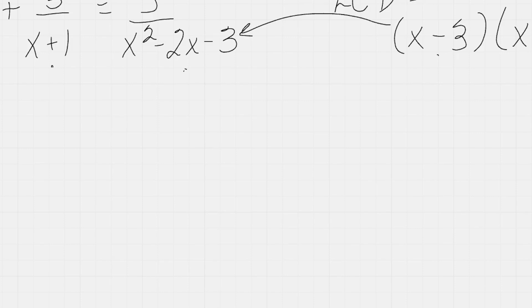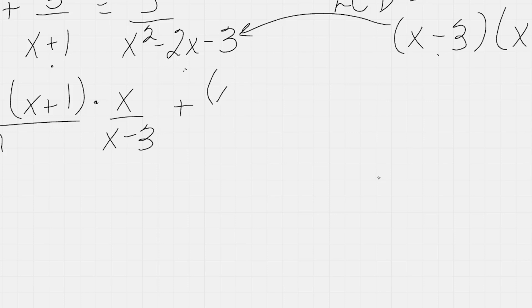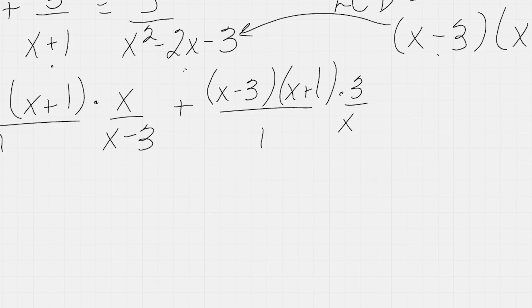Now we're going to take your LCD and multiply it by each value in the linear equation. So your LCD is x minus 3 times x plus 1. I like to put it over 1 just so it's all in fraction form. And then I multiply it by each value in the equation. So again, we're going to take the LCD, which is x minus 3 times x plus 1, put it over 1, and then multiply it by this value.